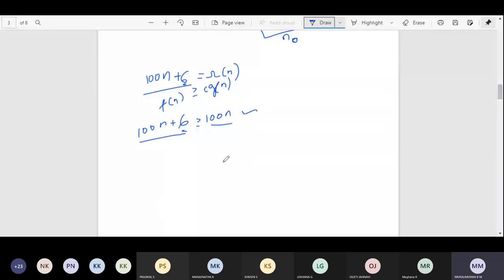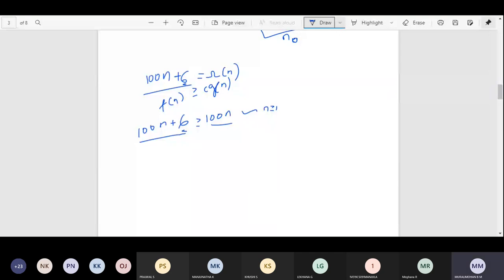Kindly respond, please. Yes, sir. So for what values of n will this satisfy? n is greater than or equal to 1. So always if n is greater than or equals to 1, it will satisfy because of this plus 6 is there, right?